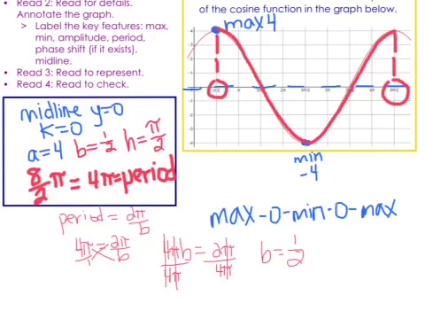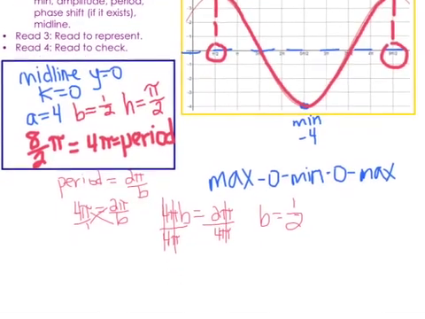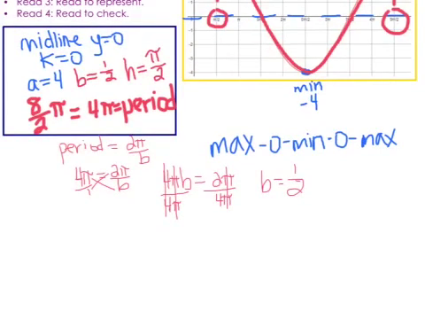Alright, so we're ready to write our equation. Our equation is in the form y equals a times cosine of b times the quantity x minus h plus k.